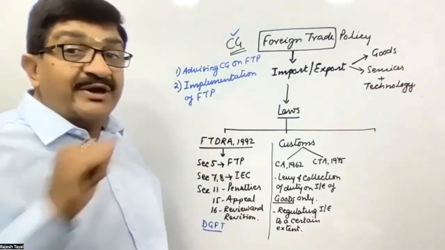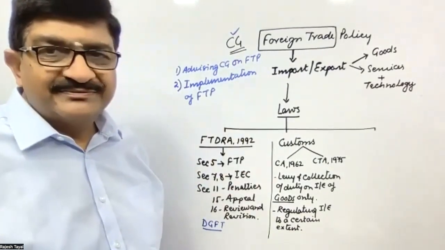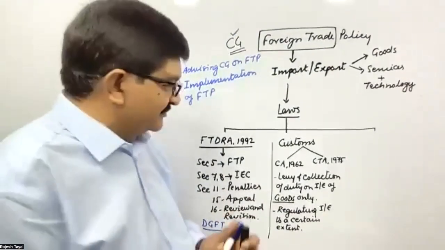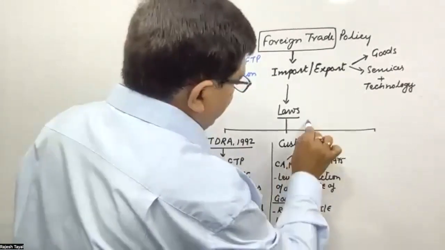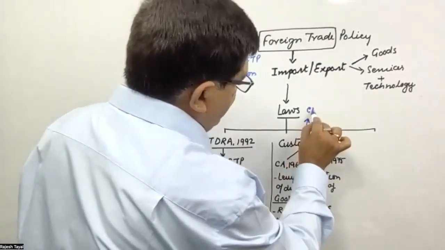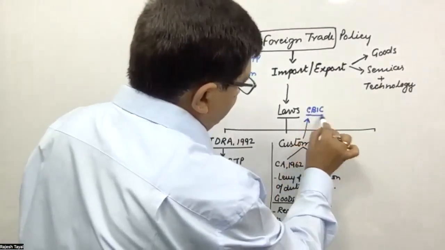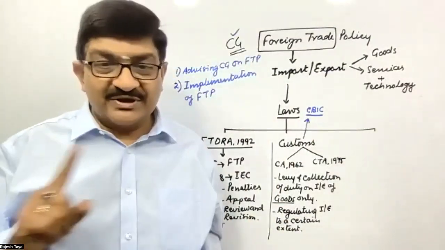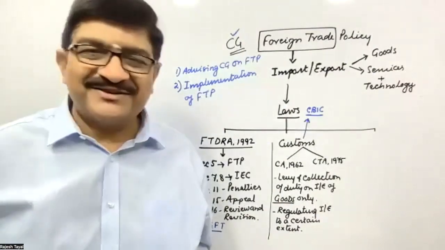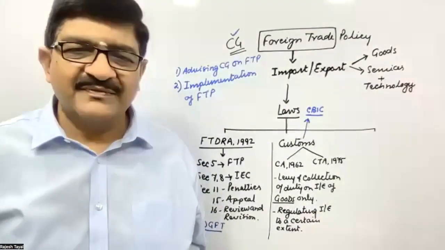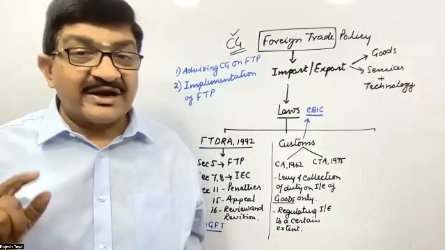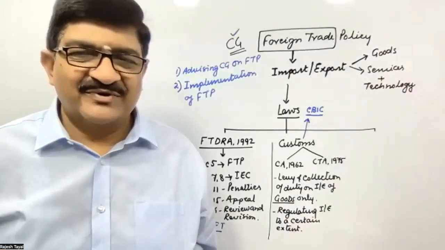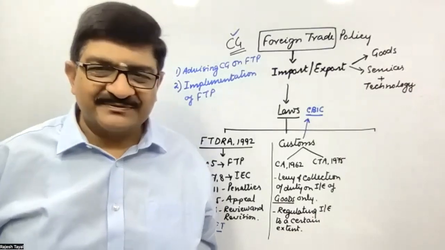Now, which is the highest authority under the customs law? Here the highest authority is... Yogesh ji, this is CBIC. Keep on writing your answers in the chat. I'm continuously watching that.